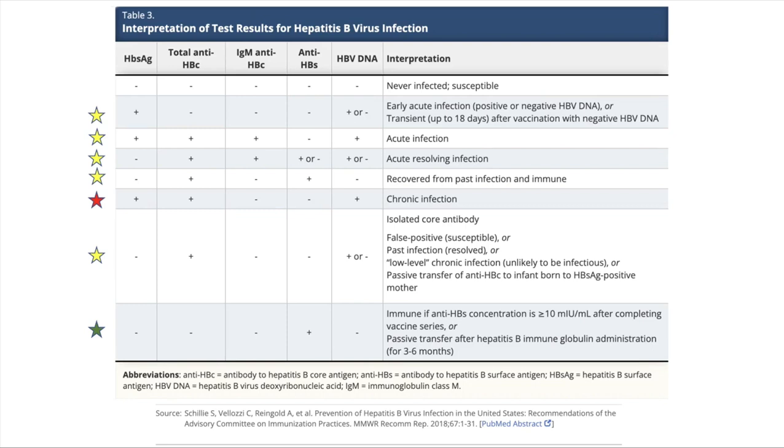Now, do you want even more bad news? I could put a positive/negative in the anti-Hep B surface column, and the same is still true. A patient who made surface antibody to a real hepatitis B infection can reactivate that infection when they are given potent immunosuppression. One of the ones we think the most about that you guys might see here at Moffitt is when we give someone rituximab and we have to prevent a reactivation.